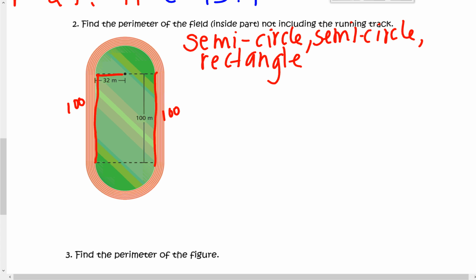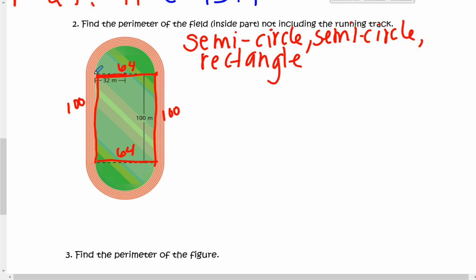We know that the radius of the circle is 32. And we know the radius is half of the diameter, so we know the whole distance across here is going to be 64. Now that's not part of our perimeter, but we will need that when we're finding our circumference. So this also is going to be 64. Again, it's not part of our perimeter, but we will need that when finding our circumference.